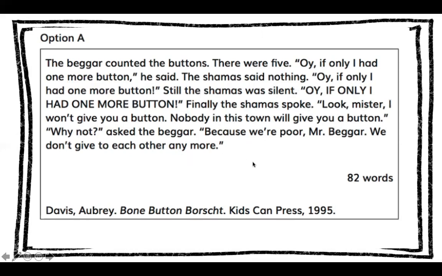Okay. One thing before we went on our break that we had been talking about were adjectives. So I was wondering if you could find a couple of adjectives in this passage. Are there any adjectives that you can find?